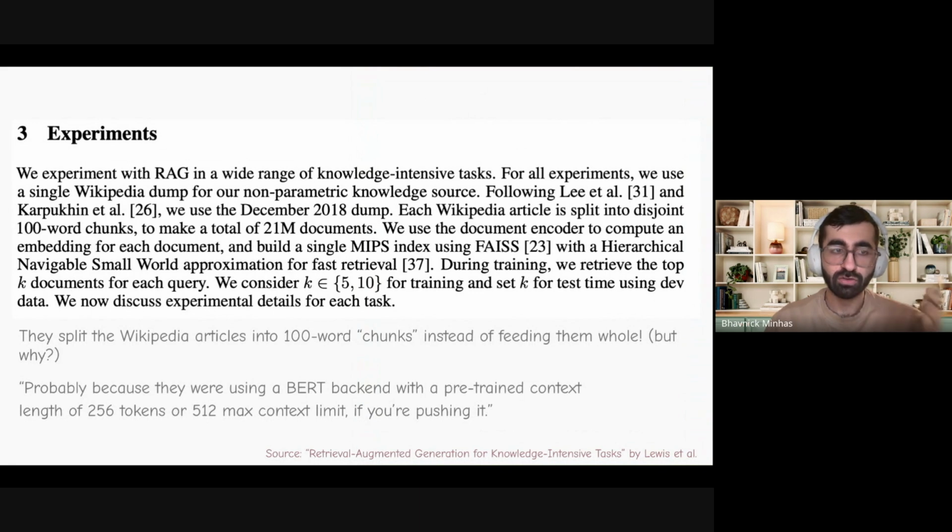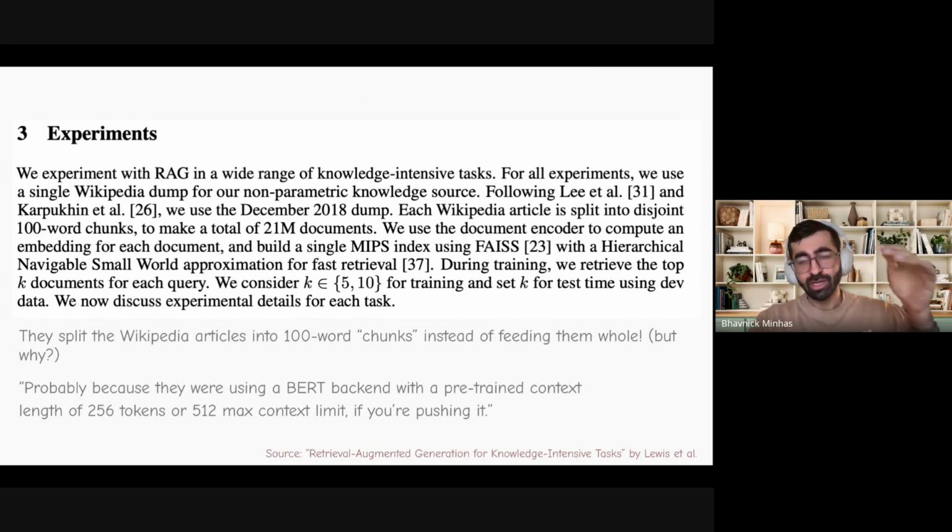Essentially, they mention this: we experiment with RAG in a wide variety of knowledge-intensive tasks. They essentially used Wikipedia articles for some of the knowledge-intensive tasks mentioned in the paper. What they did was use 100-word chunks to make a total of 21 million documents, basically splitting each entire Wikipedia article at 100 words each.